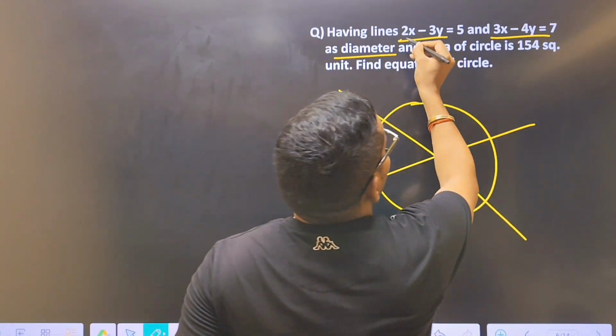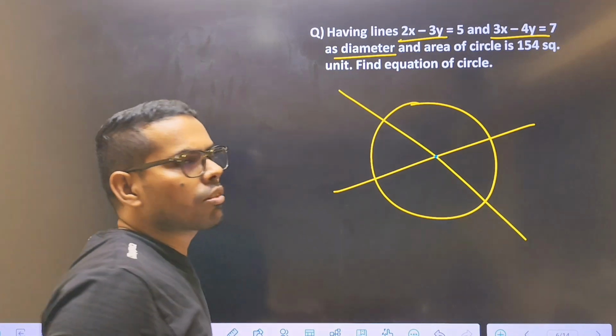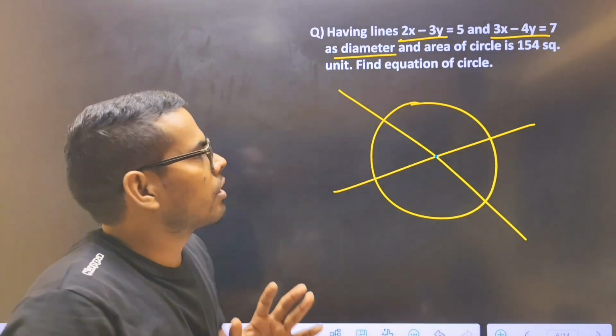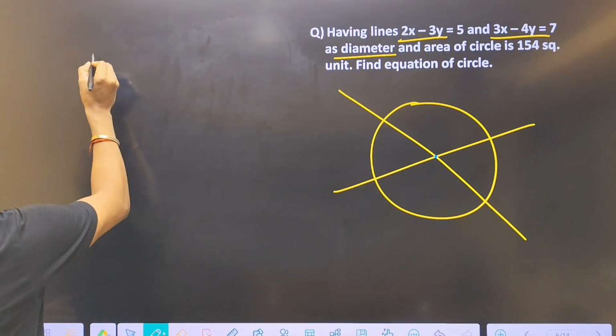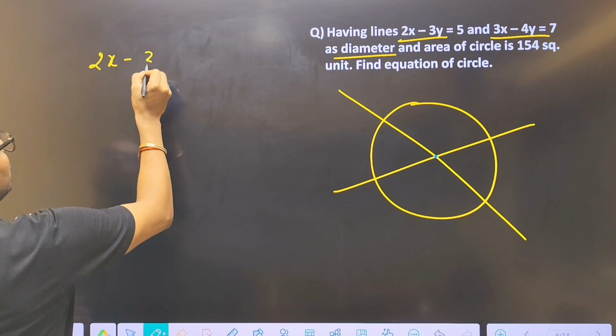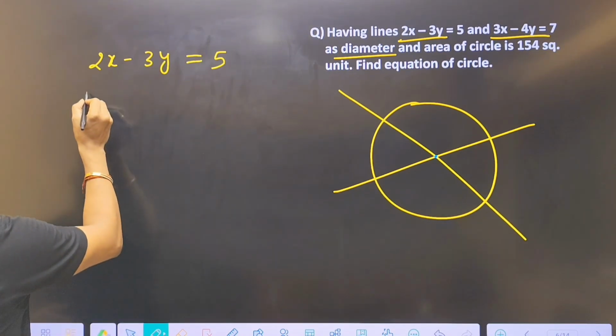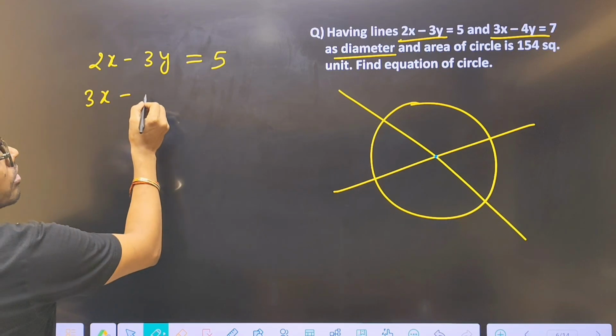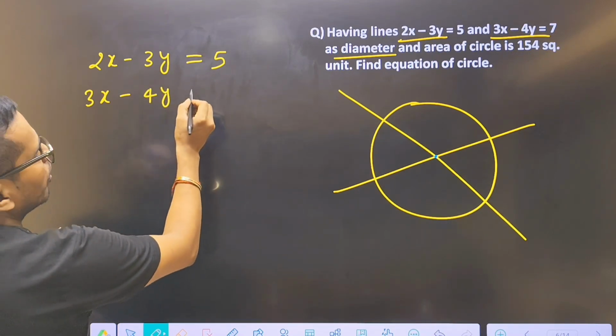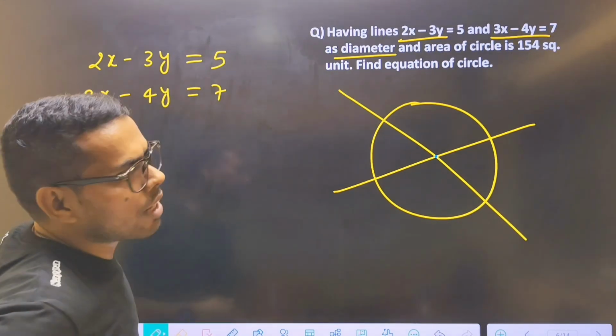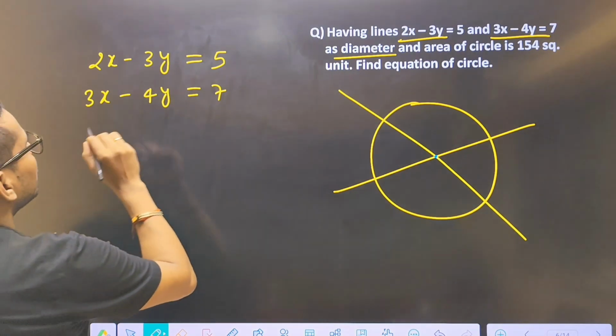So simply, if we solve these two diameters, what we will get? Center. So solve these two equations. First equation is 2x minus 3y is equal to 5. Second equation is 3x minus 4y is equal to 7. Okay, solve these two equations.